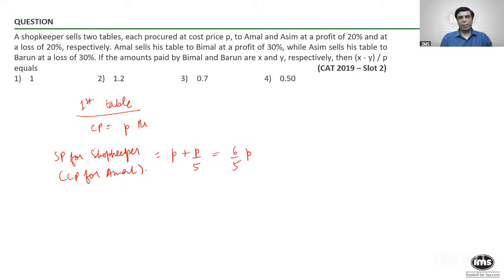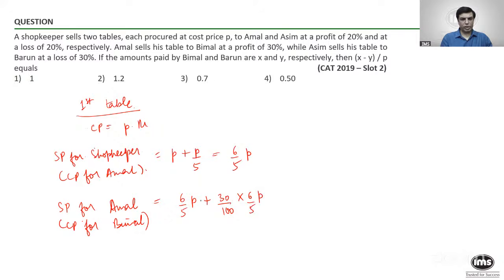Okay. And now Amal is selling this at 30% profit to Bimal. So the selling price for Amal, which is the cost price for Bimal, is going to be how much? He is being sold at 30% profit. So let's calculate 6 by 5p and 30% of 6 by 5p.